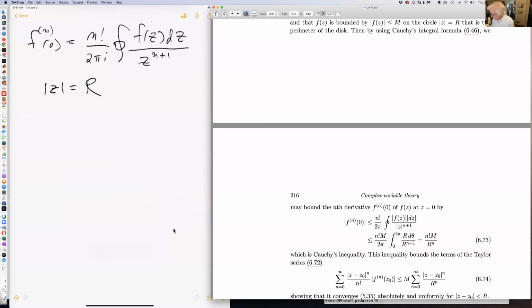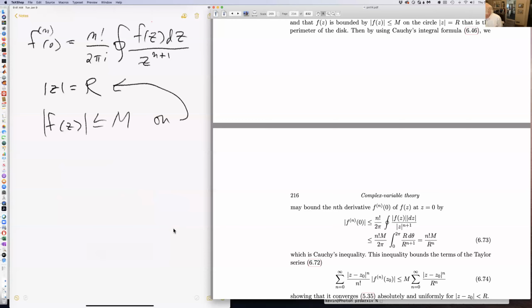And on the other hand, we've said that the absolute value of f of z is less than or equal to M on this circle.